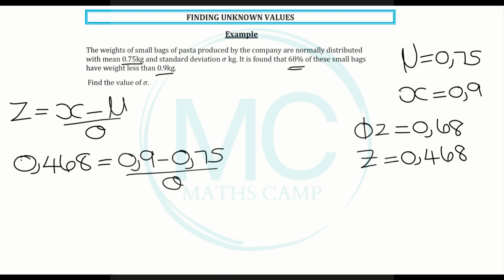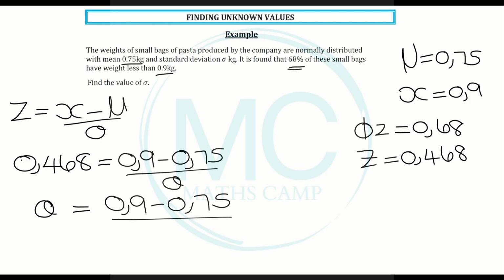So let's multiply both sides by sigma. And on the left, I'm going to get sigma is equal to, I'm going to divide by my z score. So on the right, I'm going to have 0.9 minus 0.75 over 0.468.